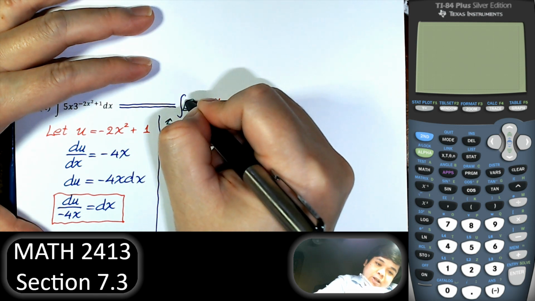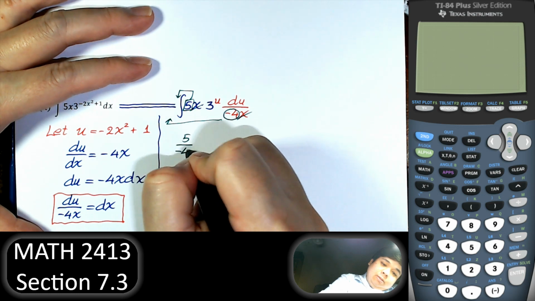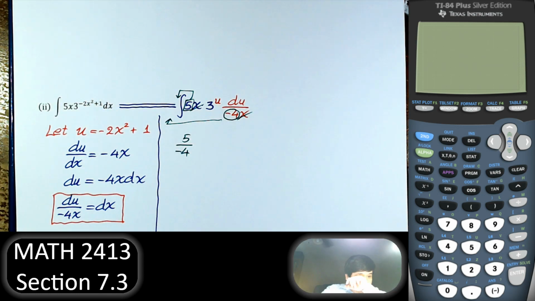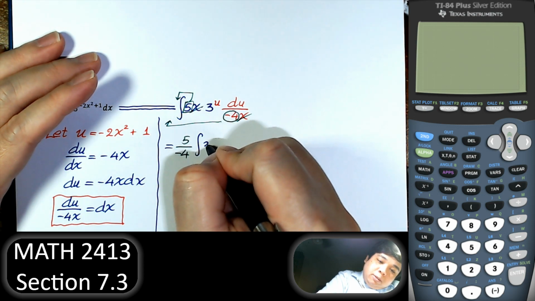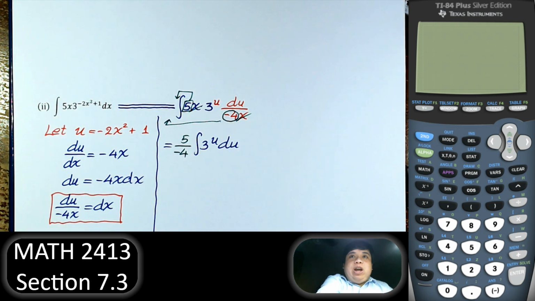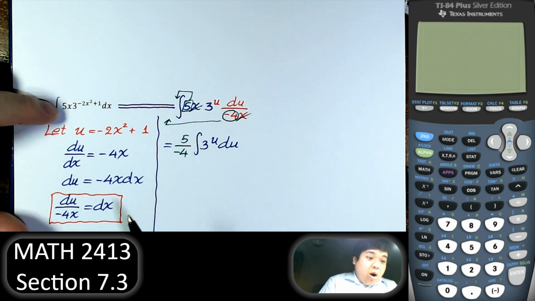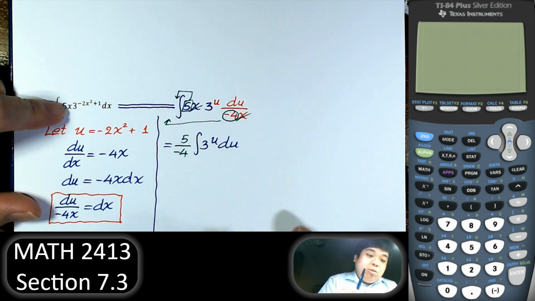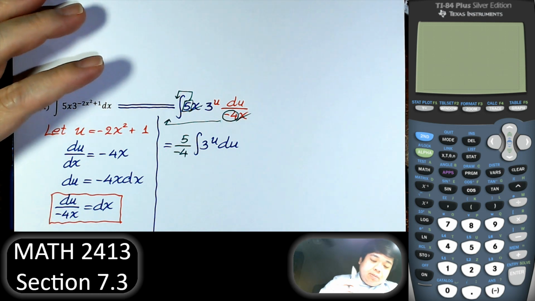The 5 will stay on the top. What's left though is just an exponential function. So it's very convenient to do that. Because substitution has to work if all the x's cancel out. We have everything in terms of u, and that's exactly what we have, right?